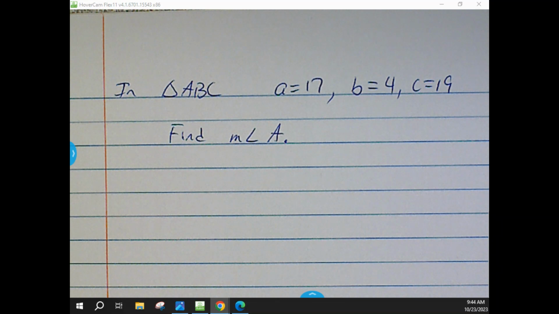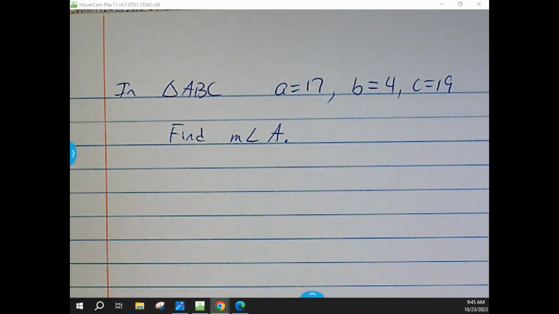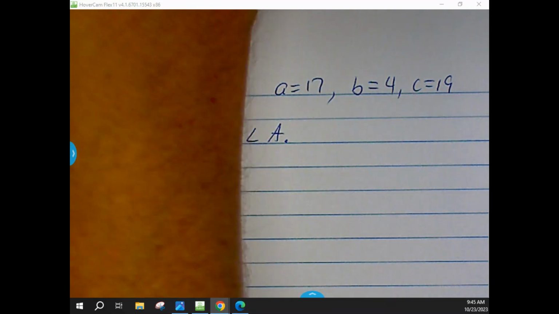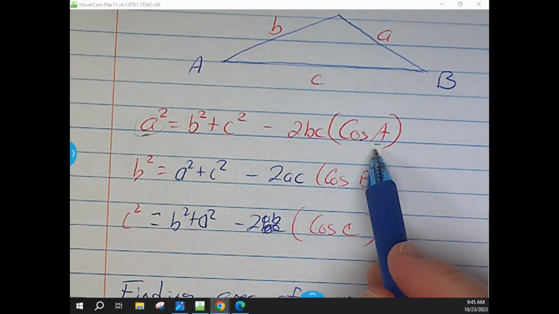Okay, so basically angle A is missing. If we go back to our law of cosines part we had back here, we have to find the one that's got angle A in it. So basically it's this one.